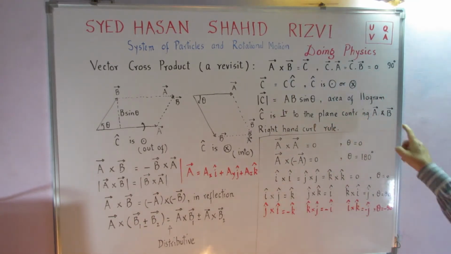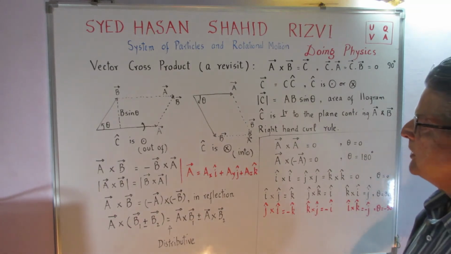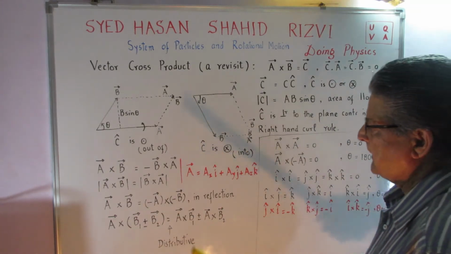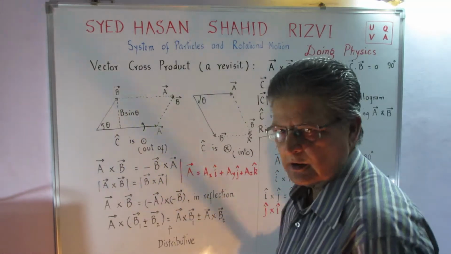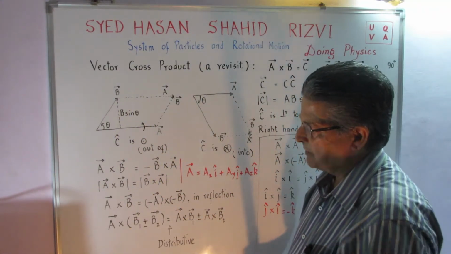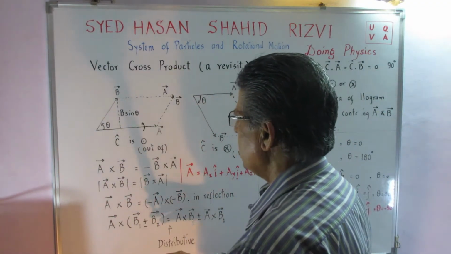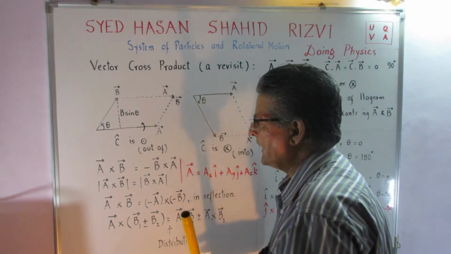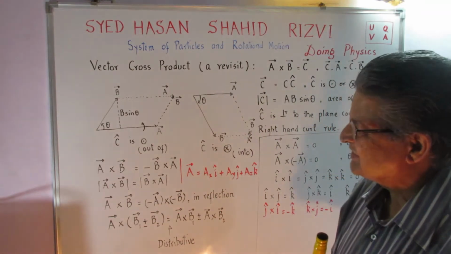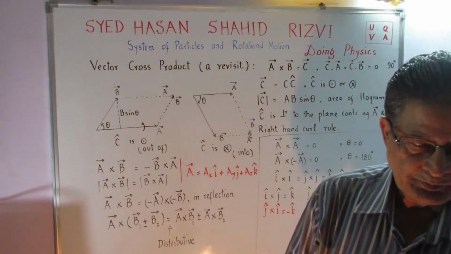Now how come this can be perpendicular to the plane? The plane is the board here, and if you are writing in a copy, then the plane will be like this on your copy, and the perpendicular directions to this plane are two.